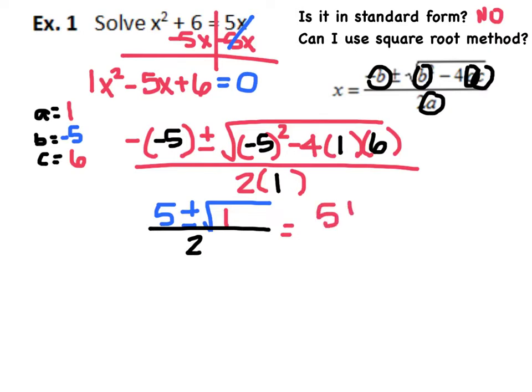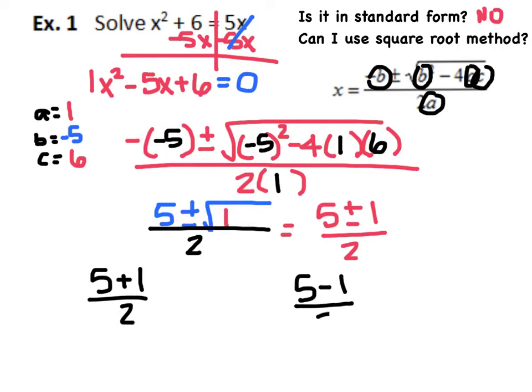Okay, well, what is the square root of 1? I keep the 5, the plus or minus. The square root of 1 is 1, all divided by 2. Now remember, because you have the plus or minus sign, it turns it into two problems. So I have 5 plus 1 divided by 2, and I also have 5 minus 1 divided by 2. 5 plus 1 is 6 divided by 2 equals 3.